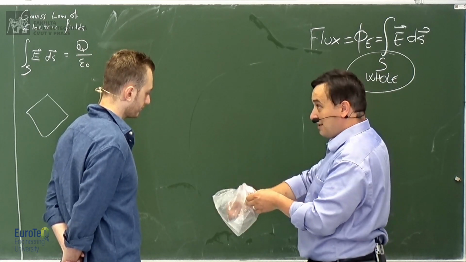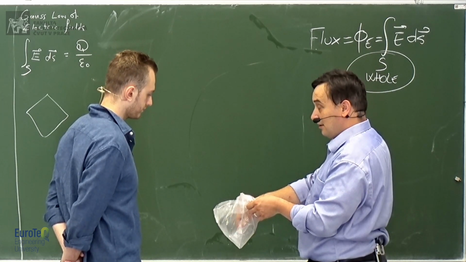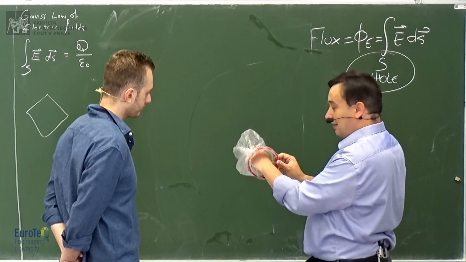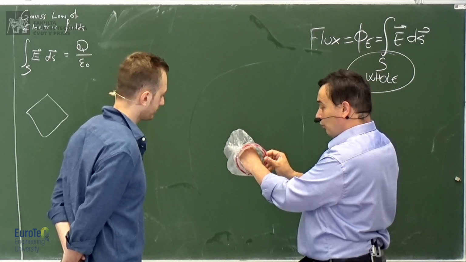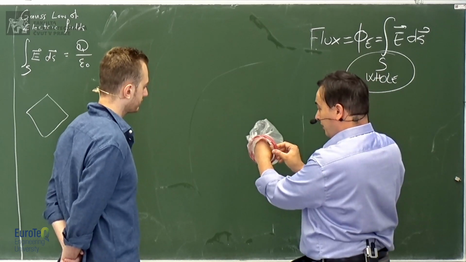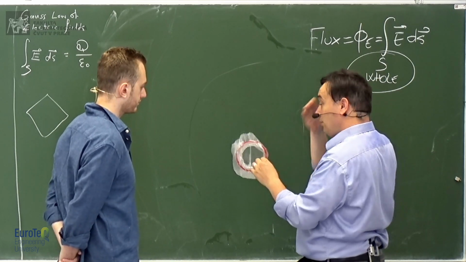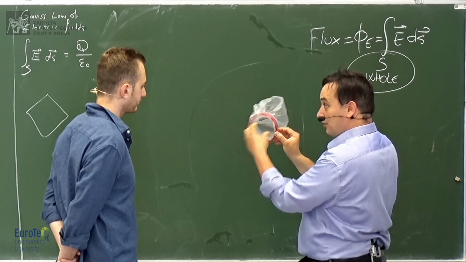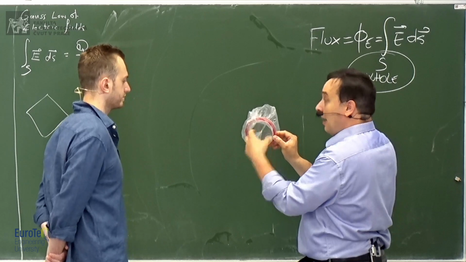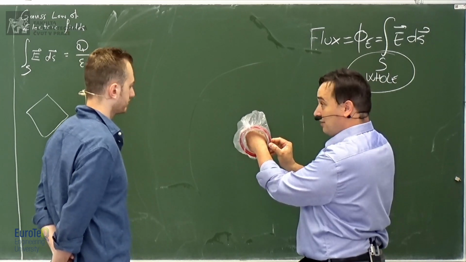If you have your charge inside this volume, a part of the flux will get out of here, and it will not contribute to the flux of the surface because it is escaping from this opening. And how much is it escaping? Well, it depends where the charge is.